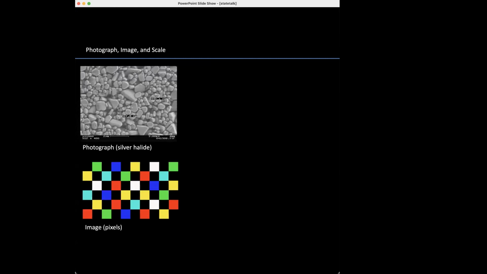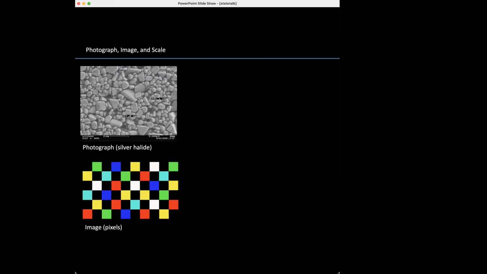So technically speaking, a photograph is made by the chemical process of the transformation of silver halide grains by light onto a roll of film. An image is a graphic made by a non-photographic process, such as the collection of pixels produced by some sort of computer sensor.